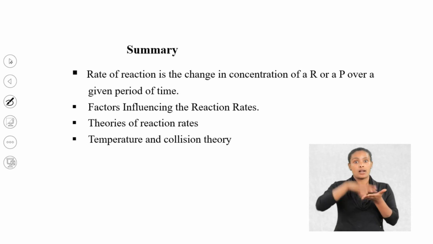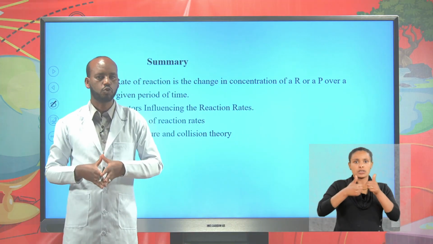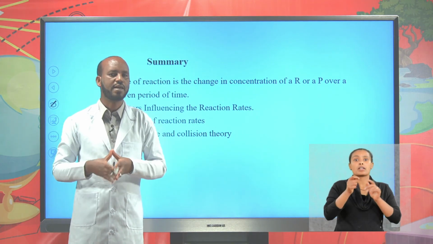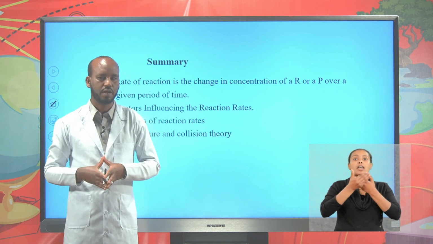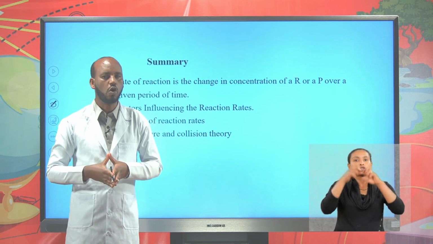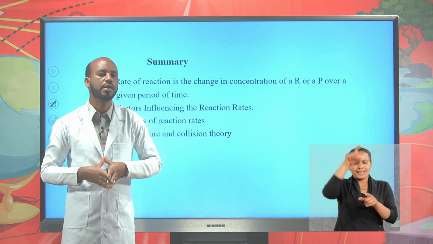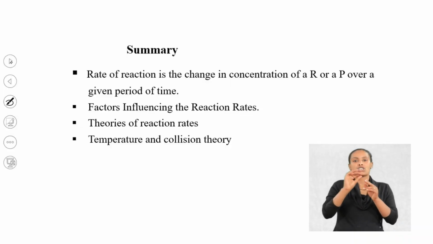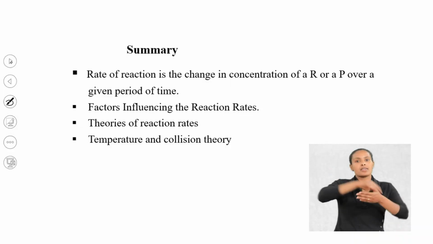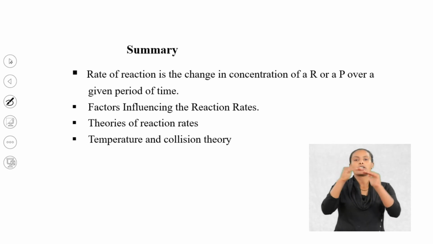We learned theories of reaction rates. The two important theories which help us to understand the rate of the reaction are collision theory and transition state theory. According to collision theory, for a reaction to take place, there must be collision between reacting species. We learned the temperature dependence of the Arrhenius equation.